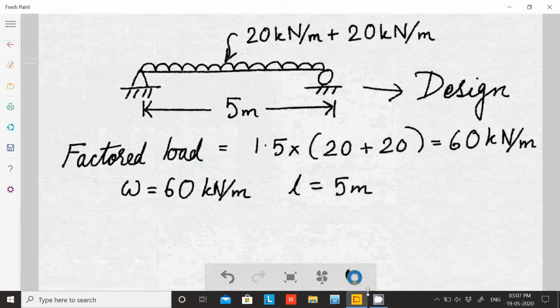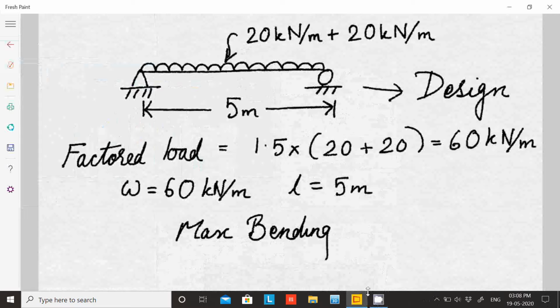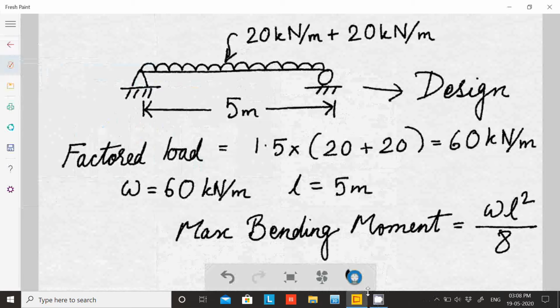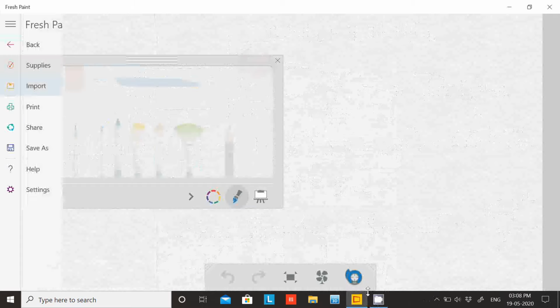So the maximum bending moment is equal to WL square by 8. So what will be the value of WL square by 8?